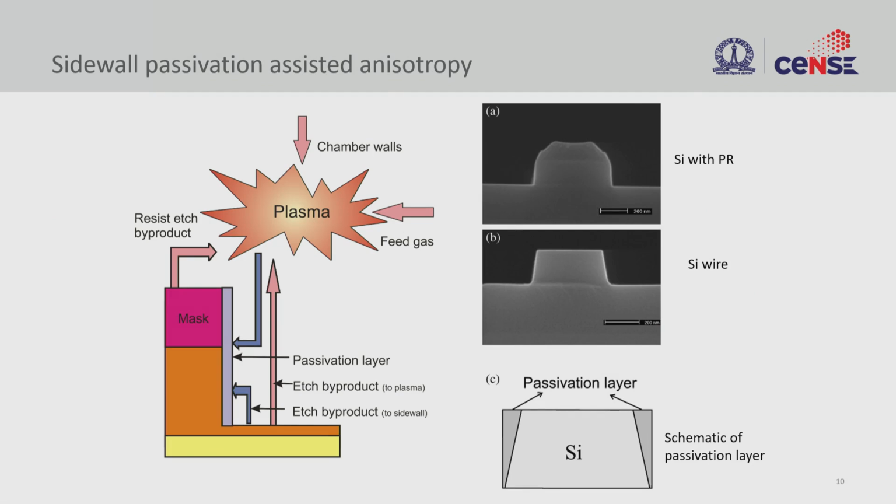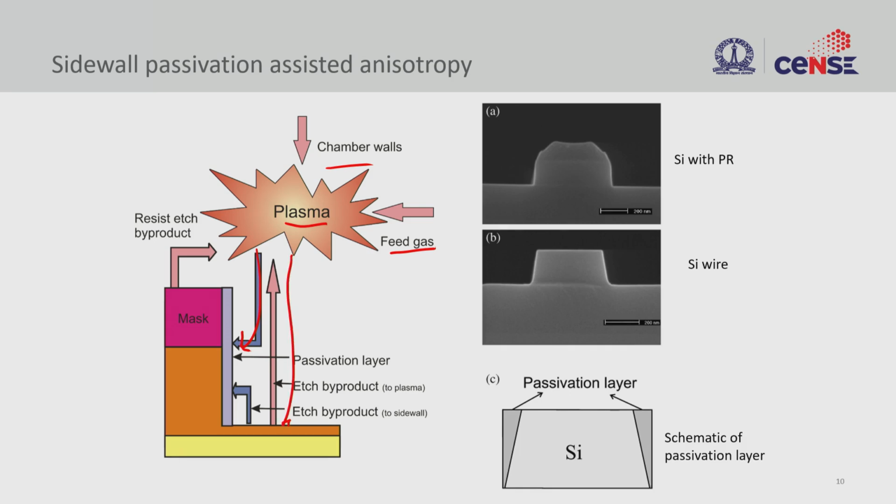This is actually a characterization of how the protective layer forms, and we use that protective layer to create anisotropy. The cartoon on the left gives you a comprehensive picture of what goes on between the plasma and the substrate. So the feed gas and the chamber wall condition and everything create the plasma, and from the plasma you get all the radicals with the ions to react with the substrate.